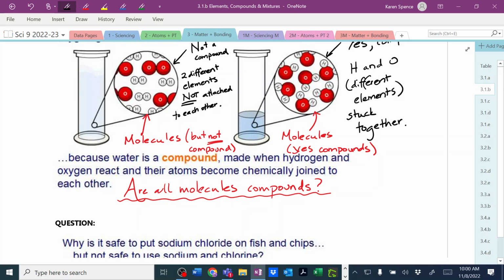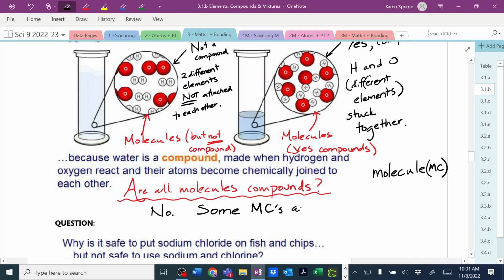And the answer is no. Well, let's write down some molecules are compounds, and we'll give a couple examples, and then we'll do some are the other, okay? Are we tired of writing the word molecule? I kind of am. So I'm going to show you an abbreviation for molecule, which is capital M, capital C. Some molecules are compounds.